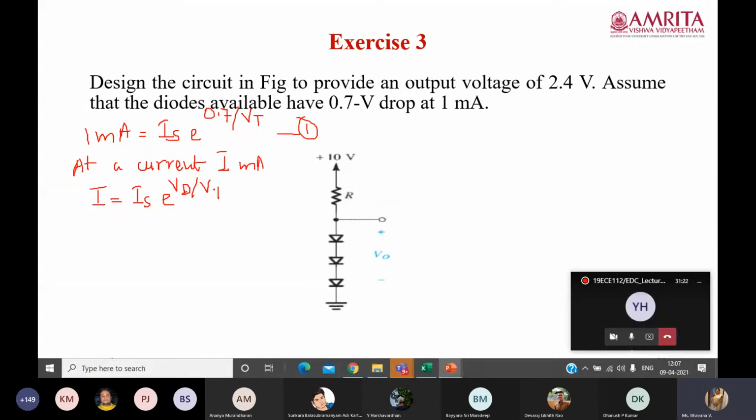I'll tell you, listen, you'll understand. I am writing this as equation number 2. For a current I milliampere, I can get the equation IS e power Vd by Vt.